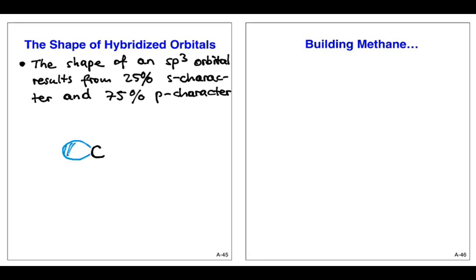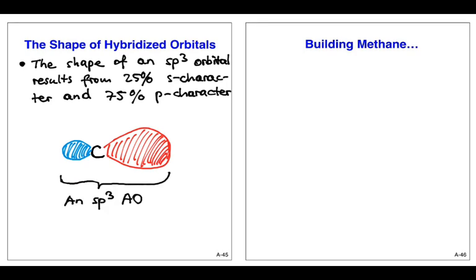So this would be a carbon, and here would be part of this sp3 orbital. Remember a p orbital has 2 lobes of different color, one blue, one red, one positive amplitude, one negative amplitude. In a p orbital the 2 lobes are the same size, symmetrical, but with an sp3 orbital, because we're mixing in s character, one of the lobes becomes bigger. So this whole thing we drew is a typical sp3 atomic orbital. What I want you to remember is that one lobe is bigger than the other.